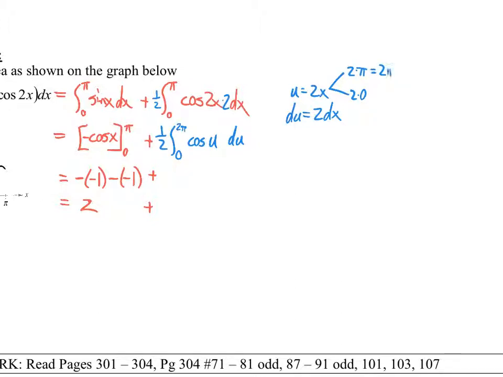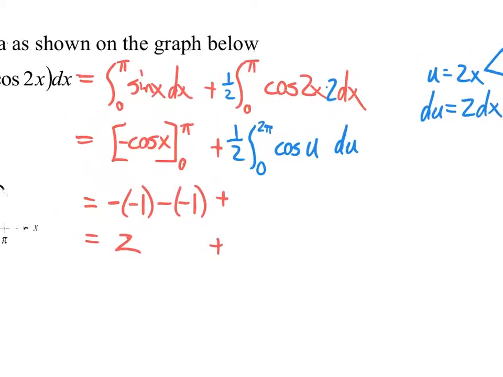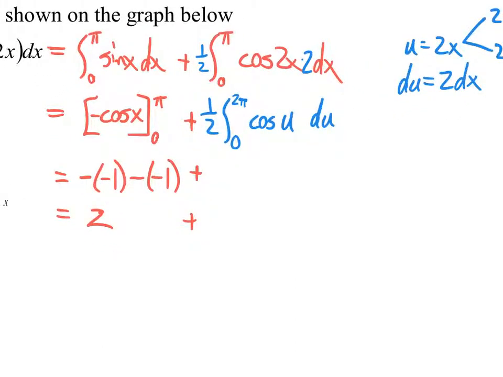So we have 2 pi, and we have 0 as our new boundaries for the integral. Okay? And notice it's okay to only change the variable on the half that we're working with here. Okay? So now we have, what's the integral of cosine? Sine, alright? So we have 1/2 times the sine of u evaluated from 0 to 2 pi.